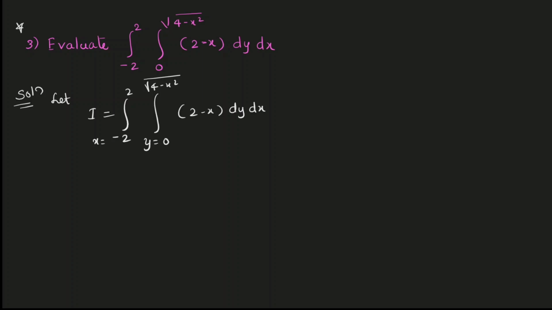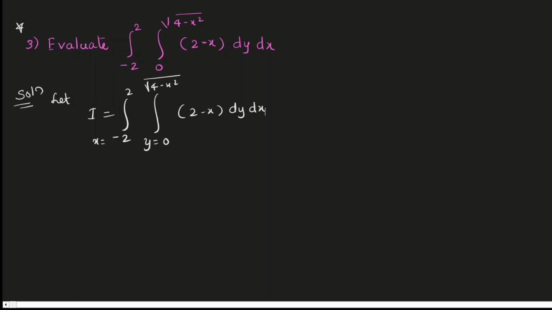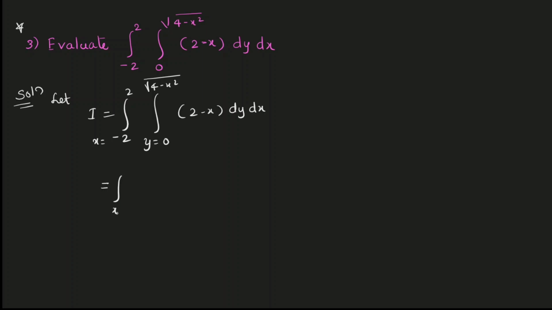Now we need to integrate with respect to y first. So x varies from minus 2 to plus 2. When you integrate with respect to y, 2 into dy is 2y, minus x into dy is xy. Limits vary from y equal to 0 to root 4 minus x square, into dx.